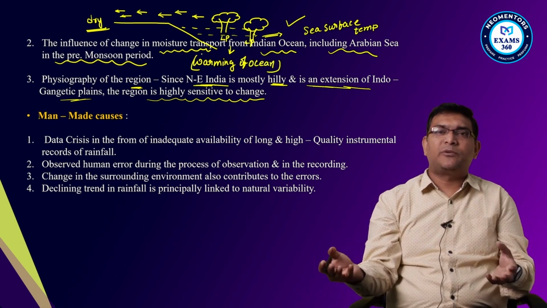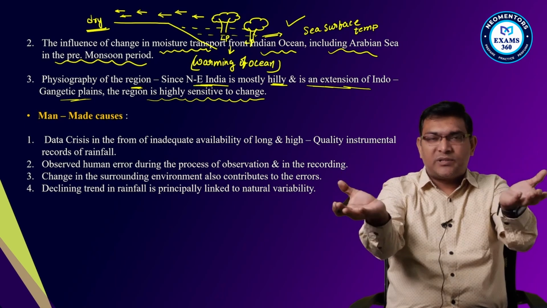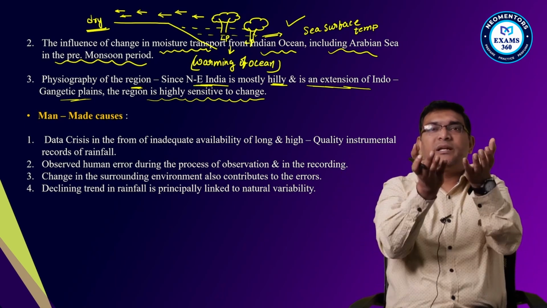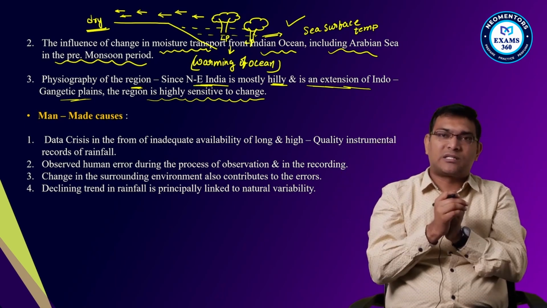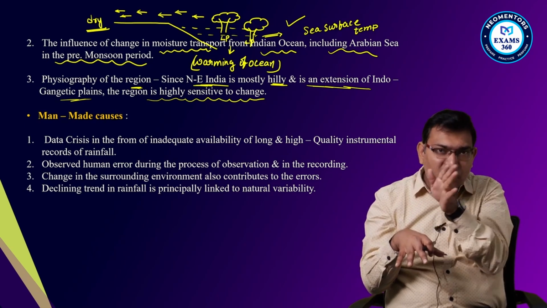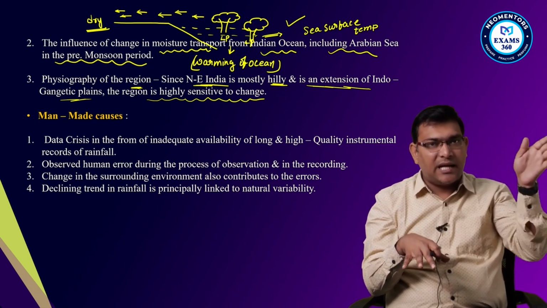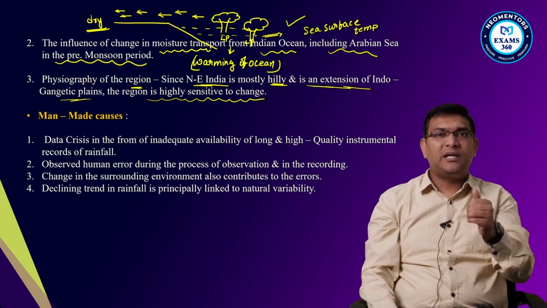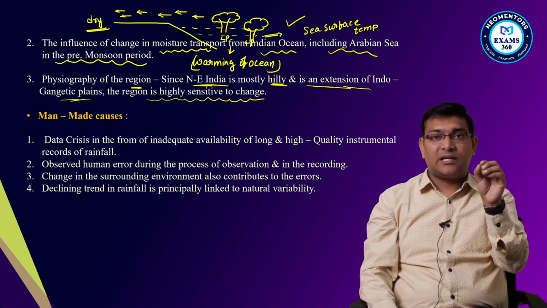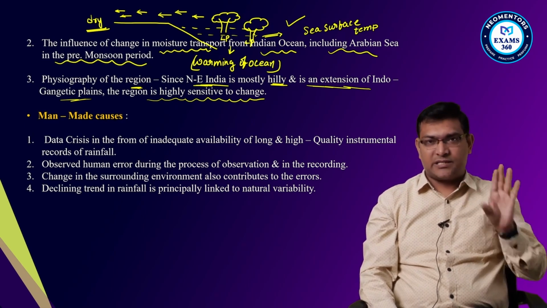With warming of the oceans, a low pressure system is created there, and there will be more cloudiness and more rainfall. As the winds move away from the sea to the land, they become drier. So the areas which had the highest rainfall are decreasing.